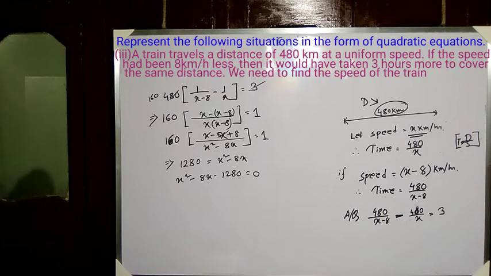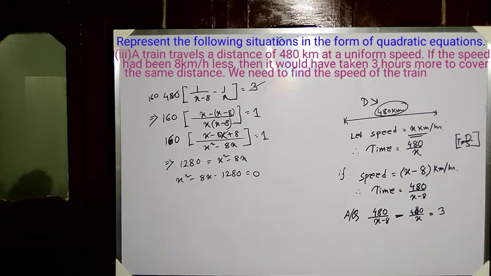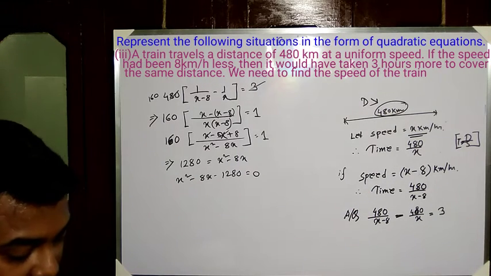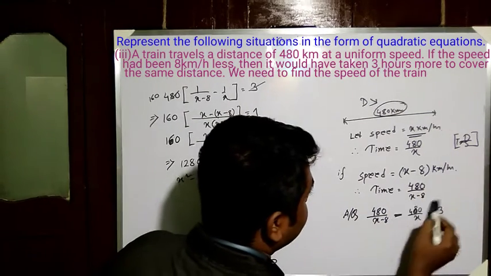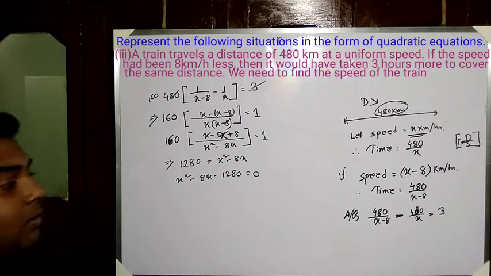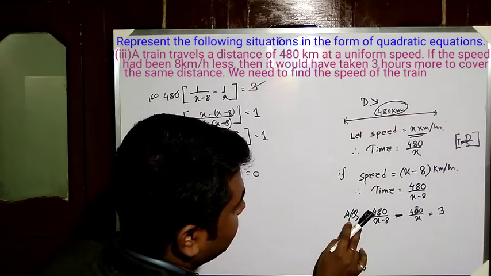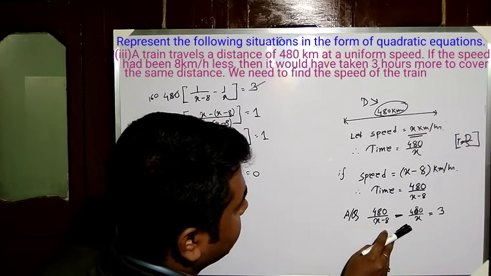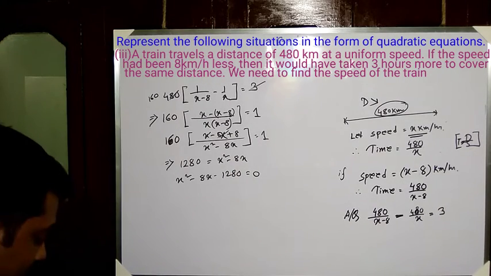So what is the relation between these two times? Then it would have taken 3 hours more to cover the same distance. It means this time will be more than this time by 3 hours. So according to the question, we can write 480 by x minus 8 minus 480 by x equals 3. This is the main equation.